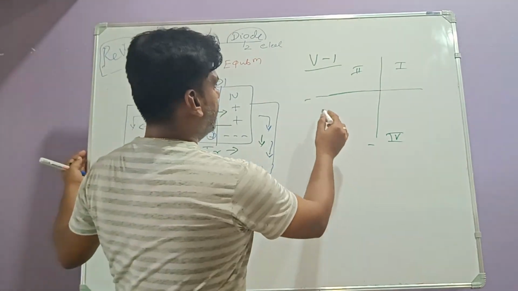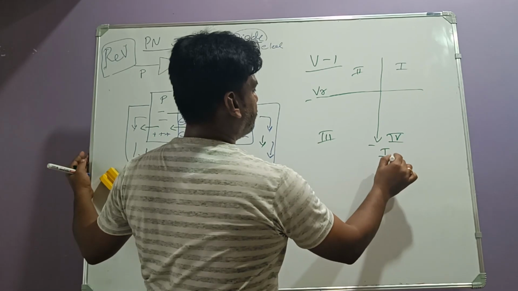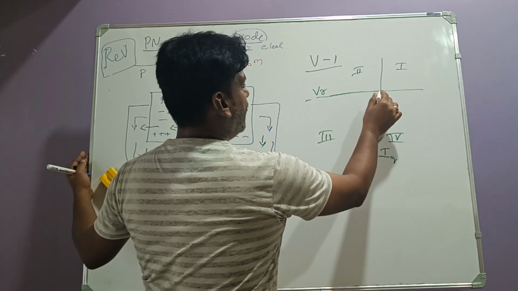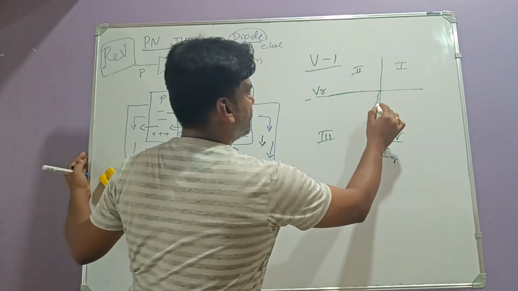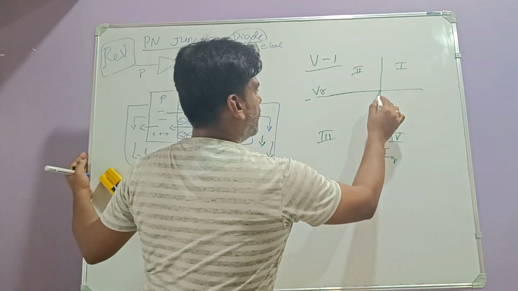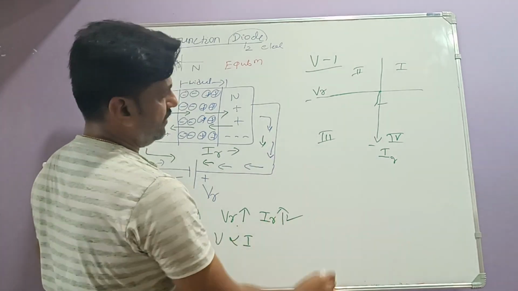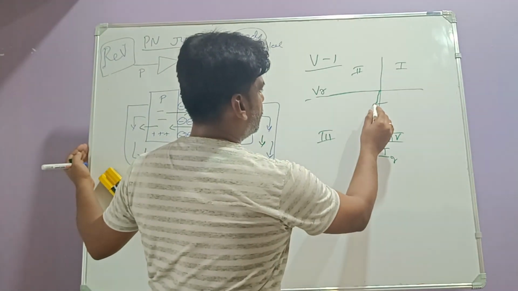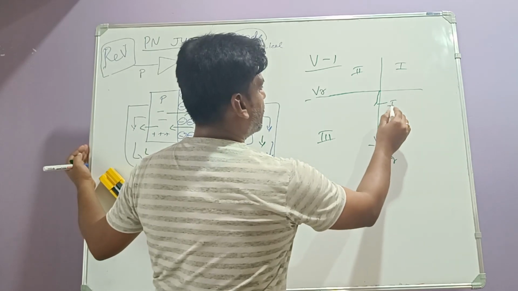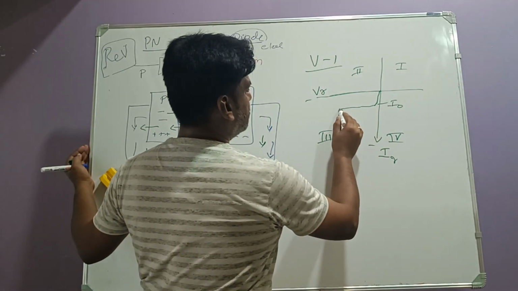So I will write this as VR and this as IR. Initially, when VR increases, the current increases up to some extent, and the curve is like this. VR increases, initially IR increases, and it will reach the saturation stage, which we will call I naught, and this current becomes constant.